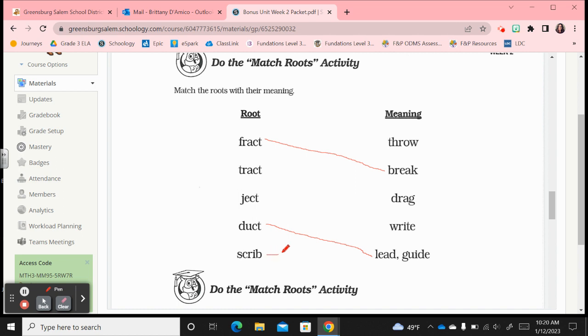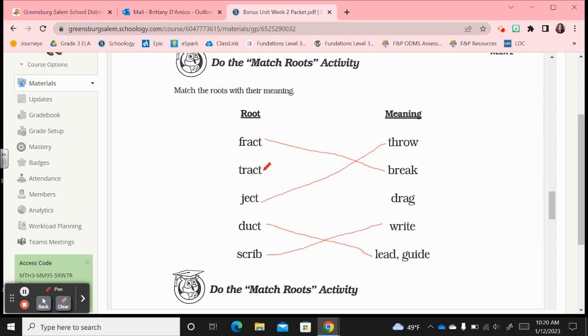That's their way of writing. That's how I remember scrib. Ject, if a player or a coach is ejected from a game, that means they are thrown out. So I remember eject with throw. And tract, I think of like tractor.